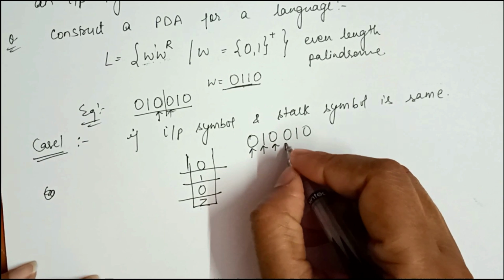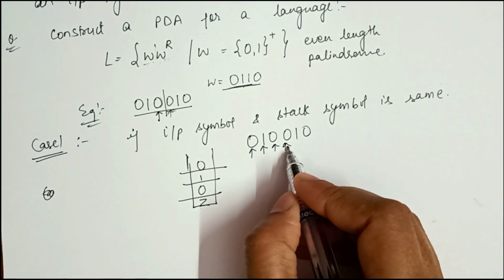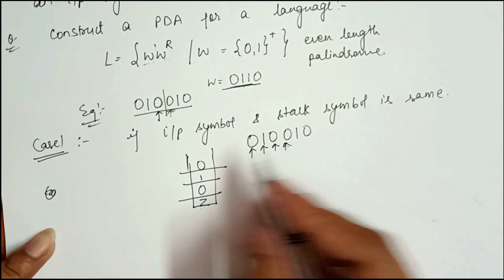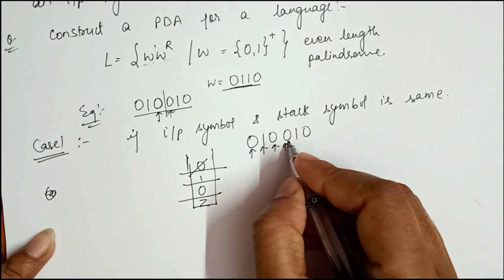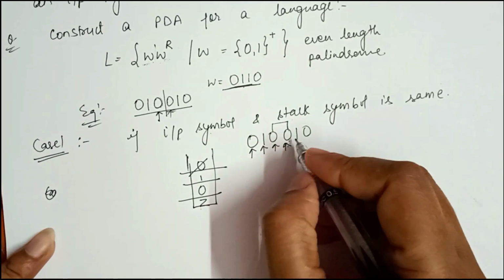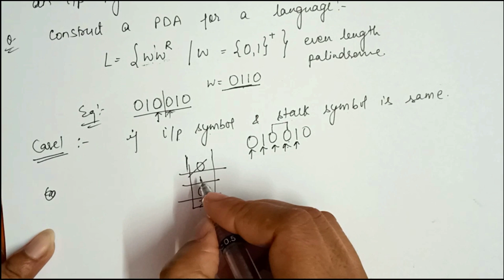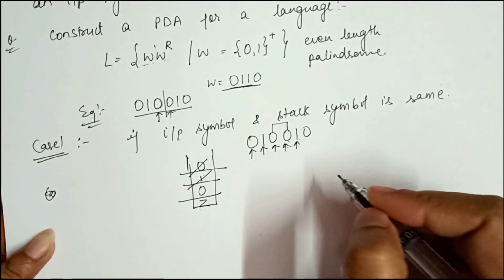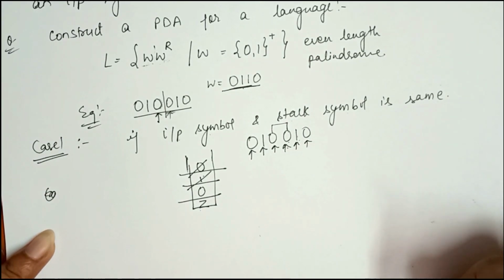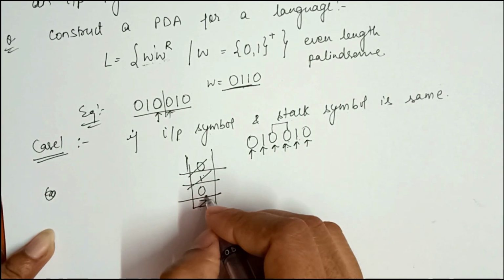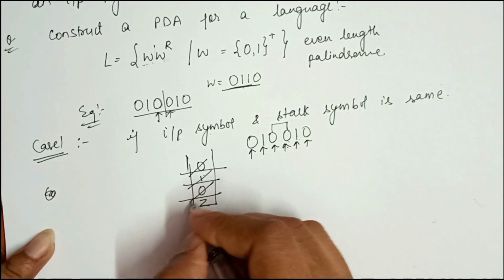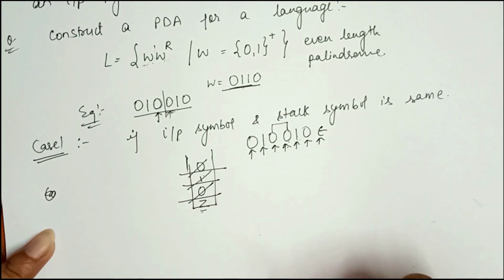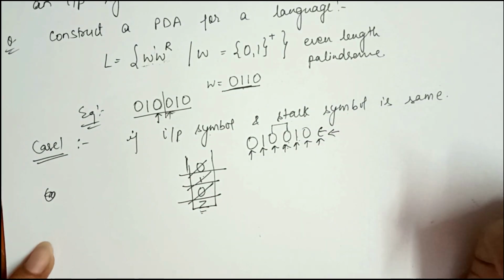Now again the input symbol is 0 and the top of the stack is 0, so the input symbol and the stack symbol are the same, and we pop this 0, comparing this 0 with this 0. The next input symbol is 1 and the top of the stack is 1, again the same, so we pop. Next the input symbol is 0 and the top of the stack is 0, both are the same, so we pop it. The last is epsilon, with Z on top of the stack, which means we reach the final state.